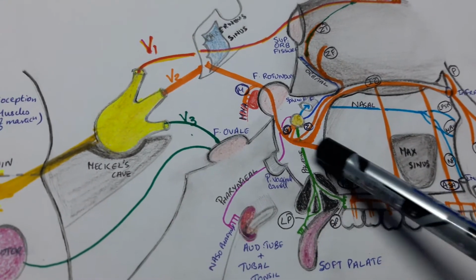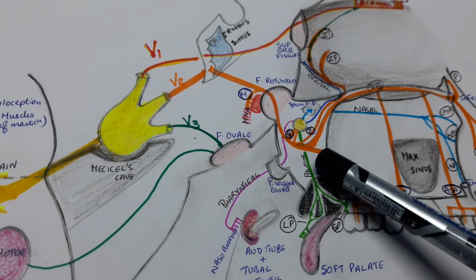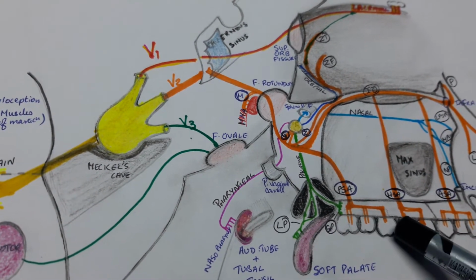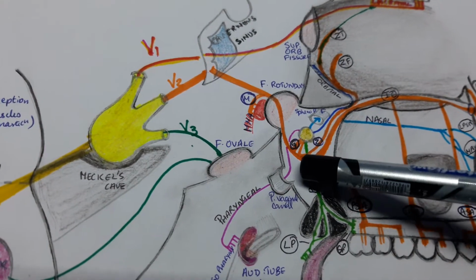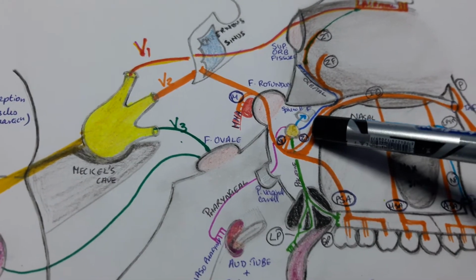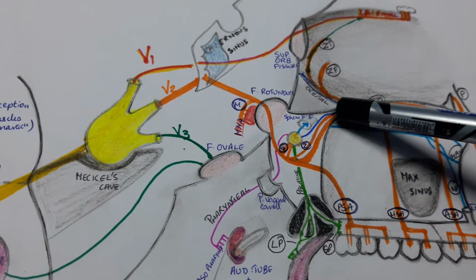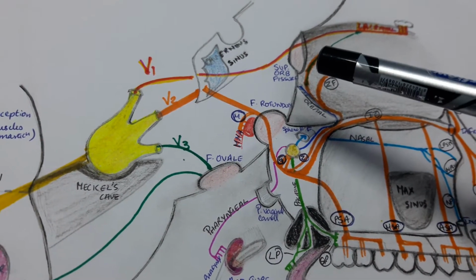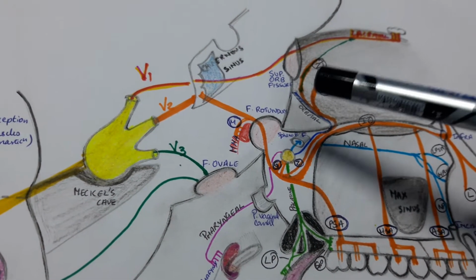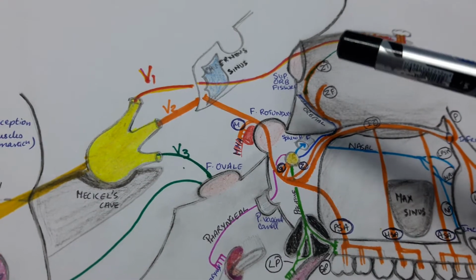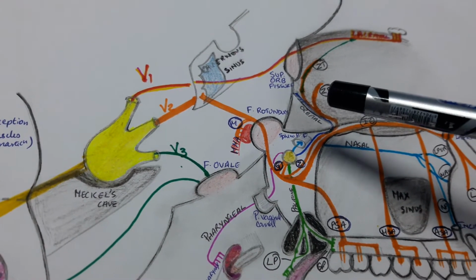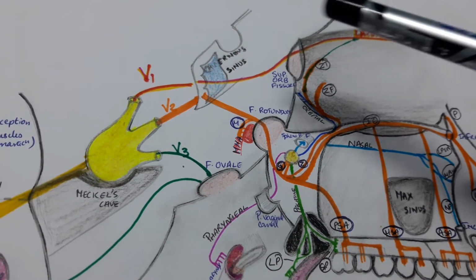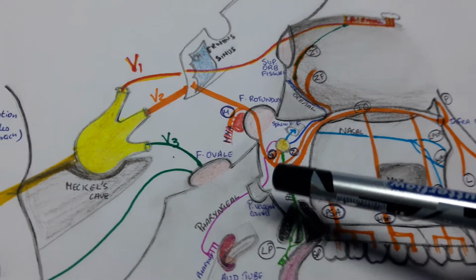The posterosuperior alveolar will enter through the posterior border of the maxilla to supply the molars. The zygomatic will enter through the inferior orbital fissure to enter the lateral wall of the orbit. Then it will pierce the zygoma and branch out to the zygomatico-temporal and zygomatico-facial, supplying the skin of the face and anterior temple. Then the various ganglionic branches.